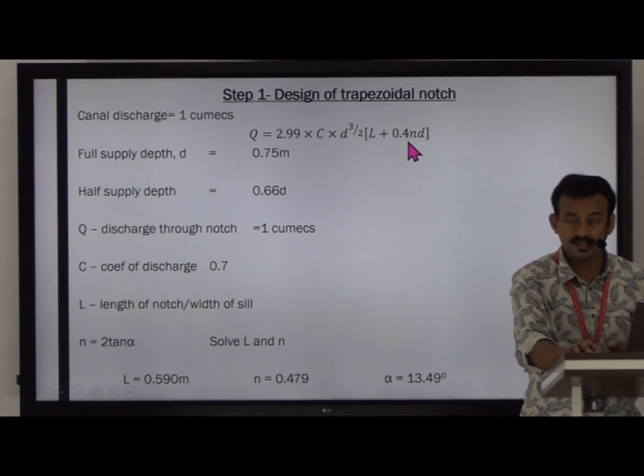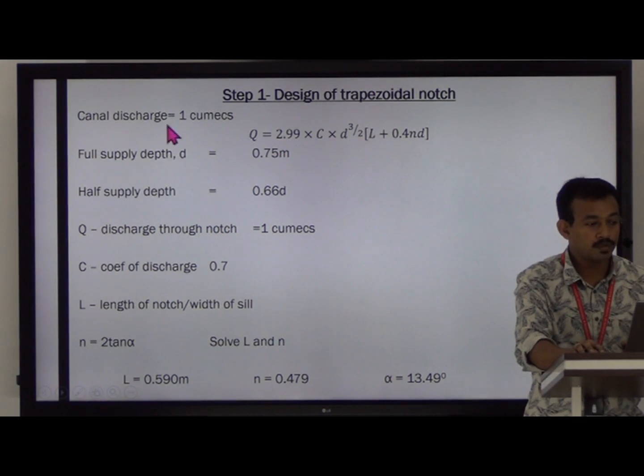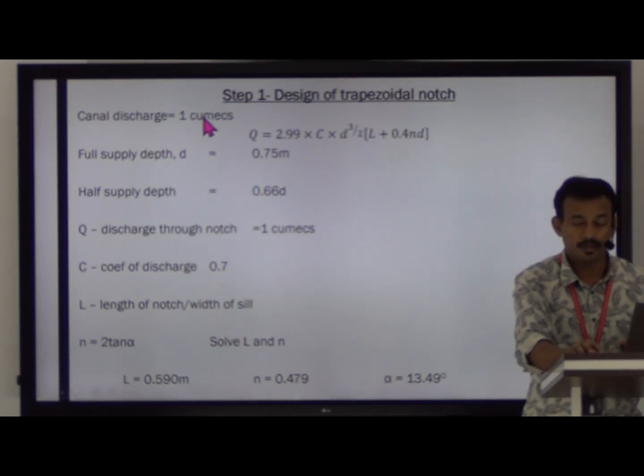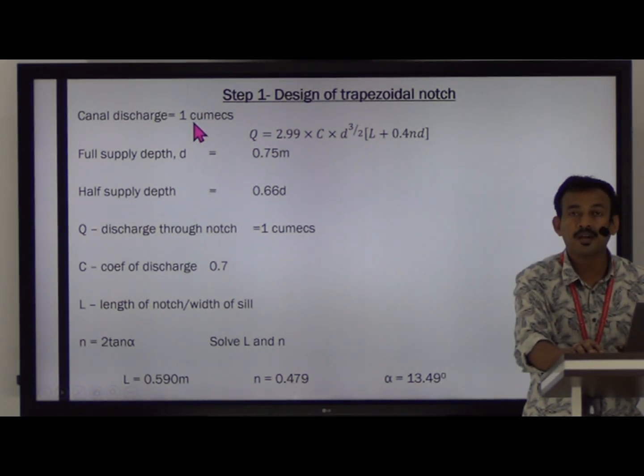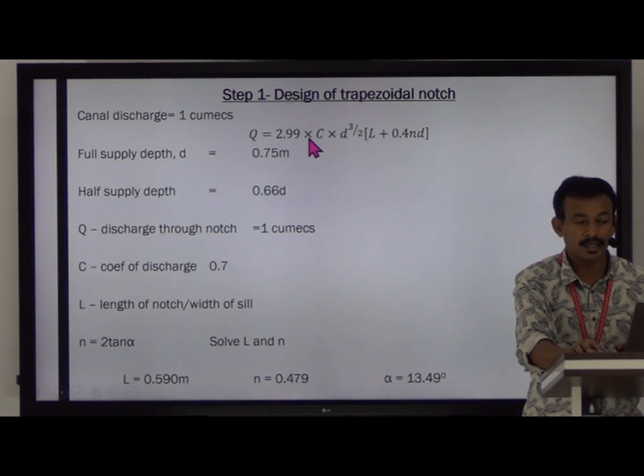Now for the second case, that is case number 2, it is half supply condition. For half supply condition, you can take the canal discharge exactly as the half. So it will be 0.5 cumec equal to 2.99 into C value is again 0.7.